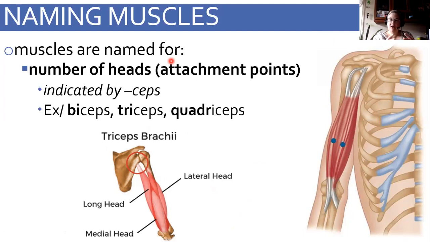So we have often 2 or 3 part muscle names, and often we've combined these 7 different naming methods together to come up with those. Okay, so you don't need to know the names of muscles, but you do need to know the 7 different ways muscles are named.